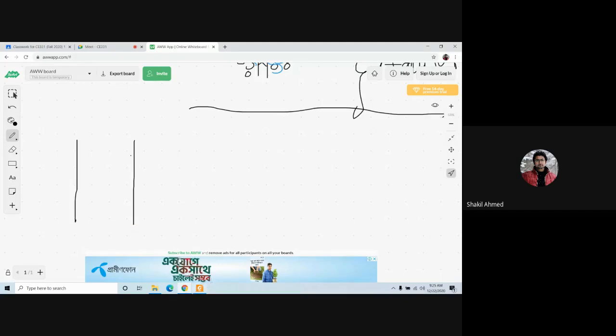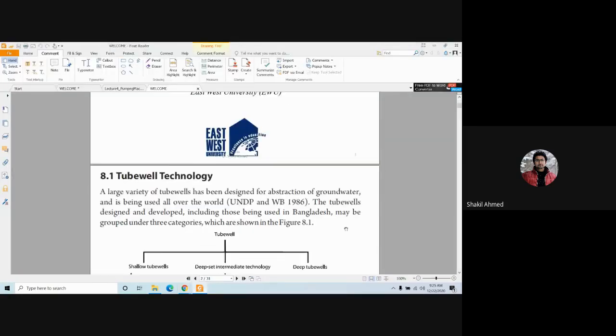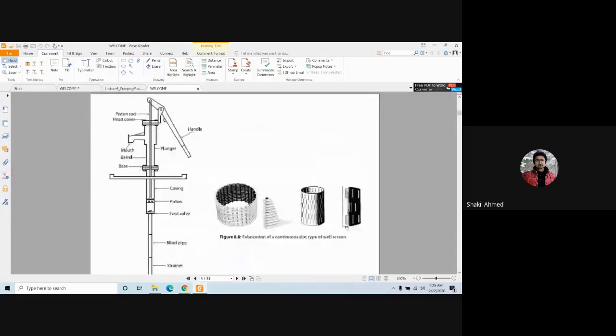Now we have the screens and they have openings. If I want to show you the real picture, let's show it here. This is the screen. Did you see?